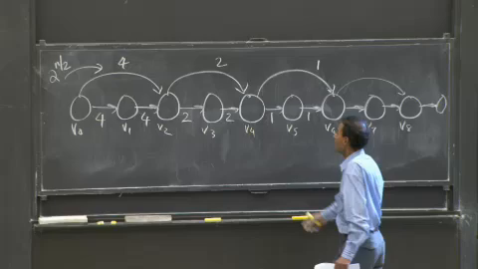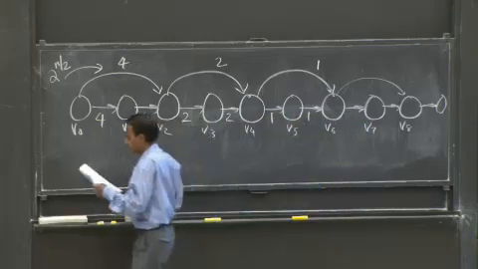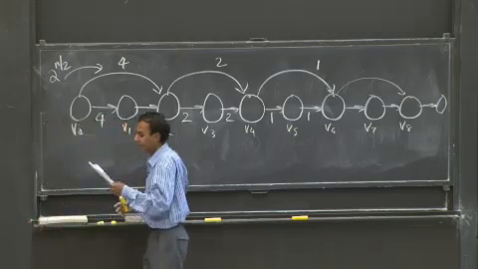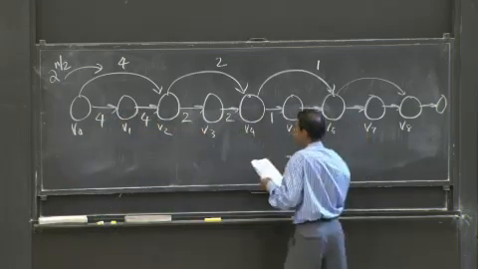So what happens with this example? Well, here's what happens. Let's say that I ran this algorithm, and initially I just follow this chain here.